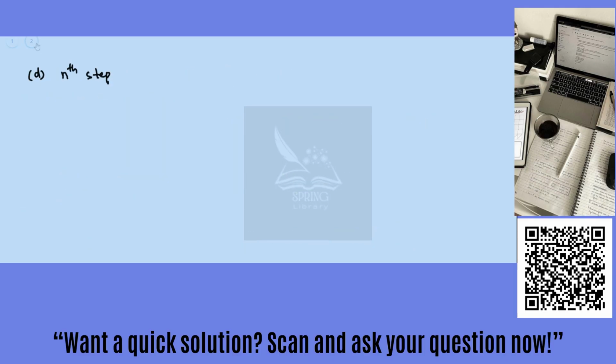So we can use that concept here. So if the person is standing on the nth step, the height will be n times the height of each step. So potential energy of nth step will be mg n times h, or n times mgh.